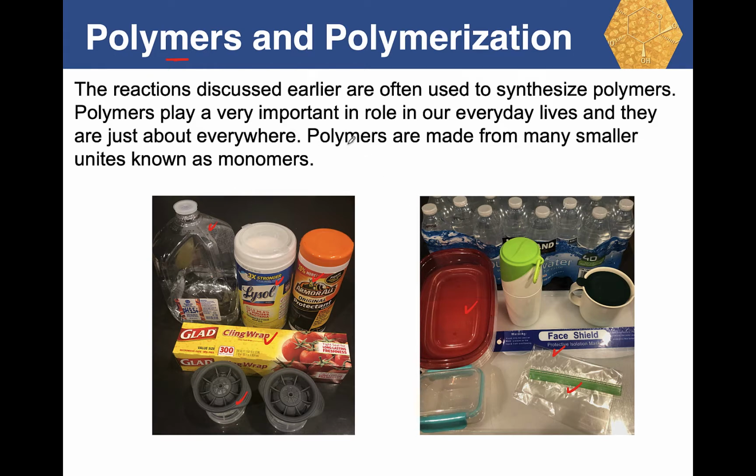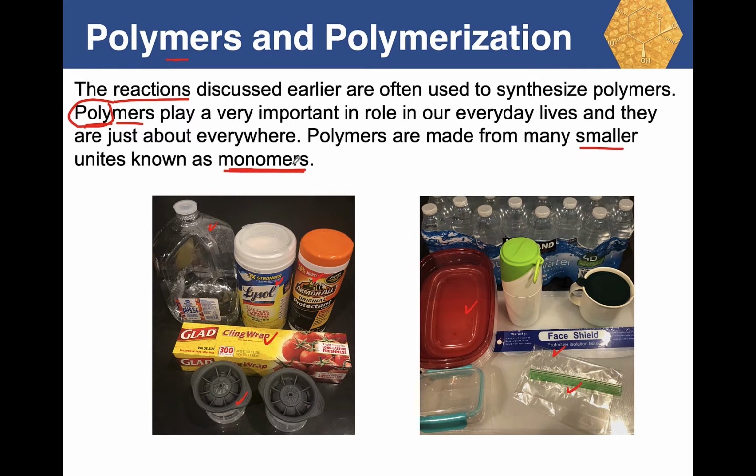Polymers are made from small units known as monomers, and the reactions that we have discussed earlier put together monomers to make polymers. Remember, poly here means many. So it consists of many mers. Mers here means unit. So it's many units, and the units are known as monomers.